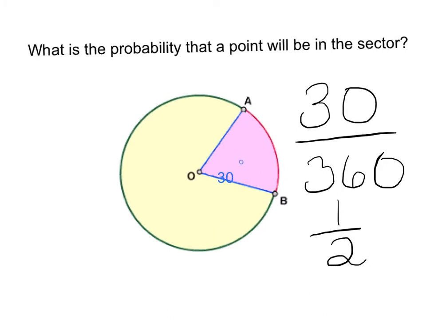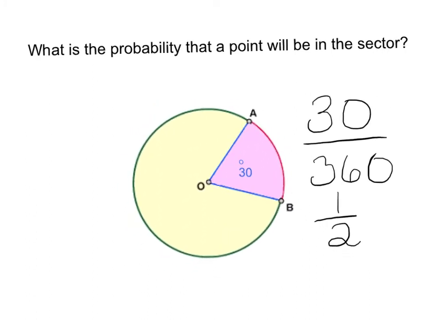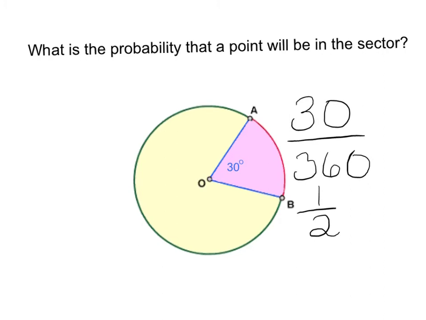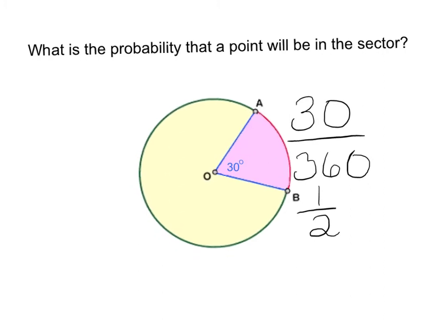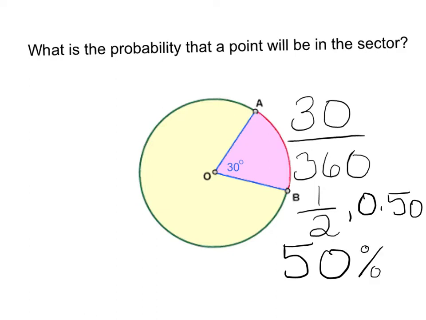And then in order to find the probability, we also need to write the fraction as a decimal. And then finally, we can express it as a percent. So in order to find the percent of a probability from a fraction, take the decimal part and multiply by 100.